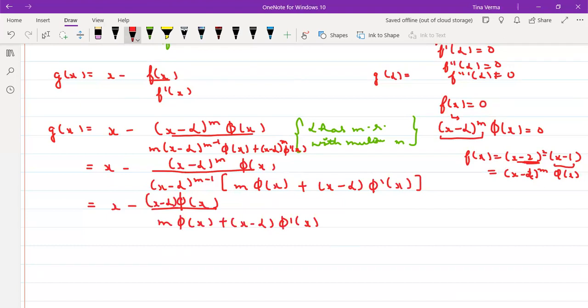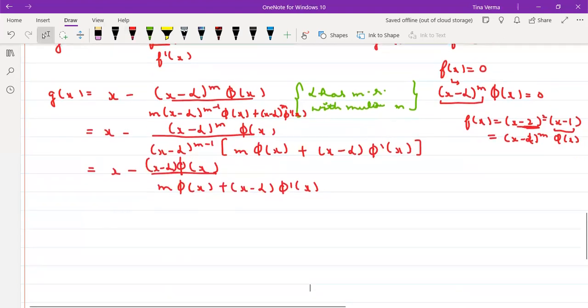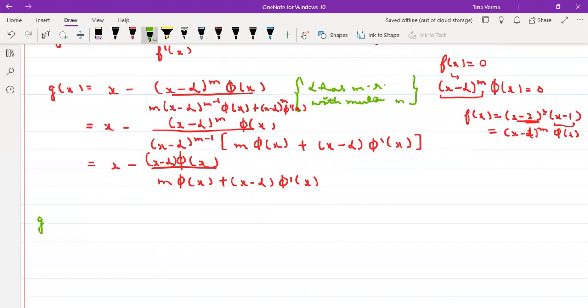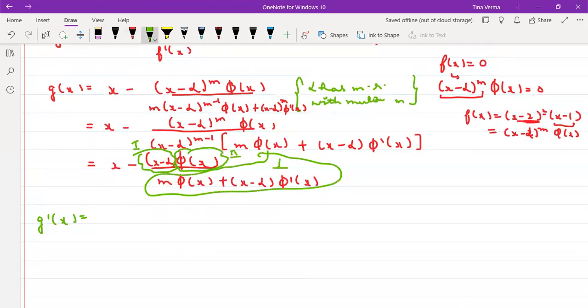Since you have shown that we are also going this way, if I take its derivative g dash x, the same way I am calculating its derivative, I am considering this as one function, this as the second function, and 1 upon this as the third function, right? So the derivative in this case will become 1 minus, because the derivative of x is 1, and x minus alpha as it is, right?